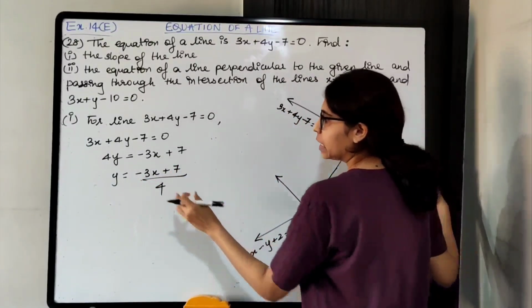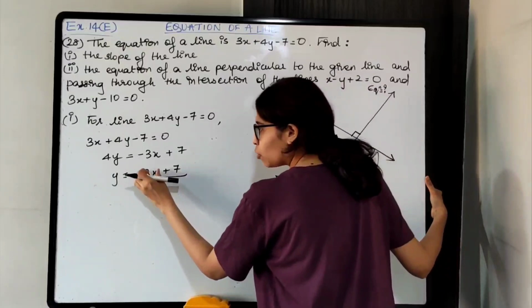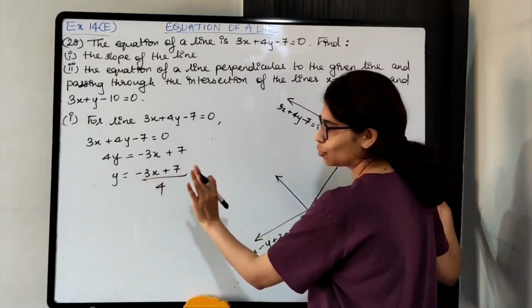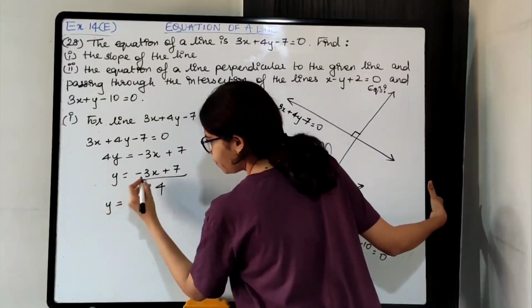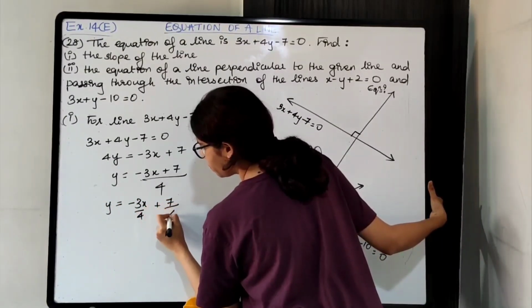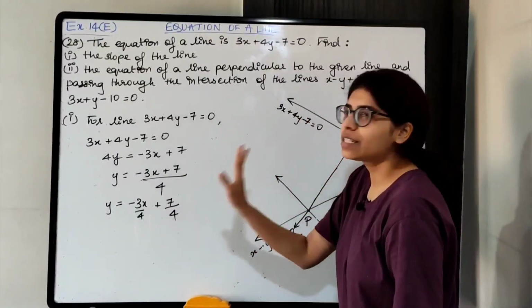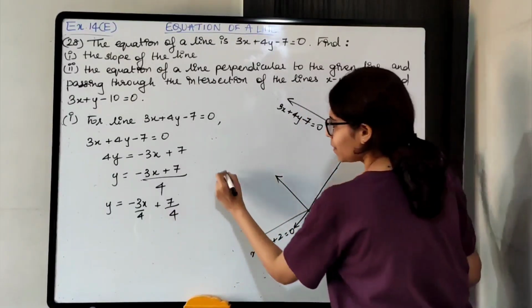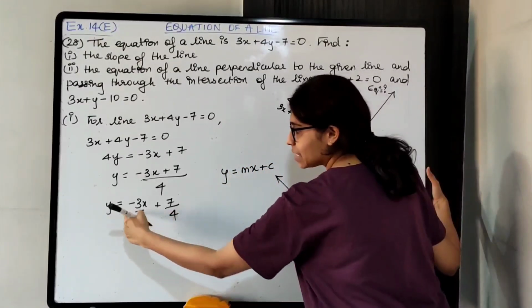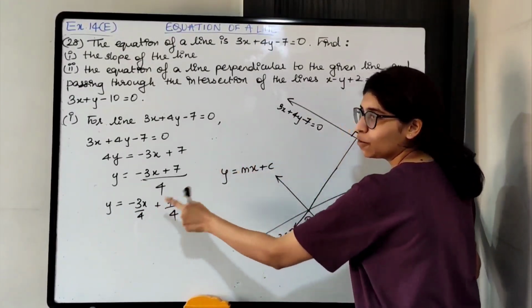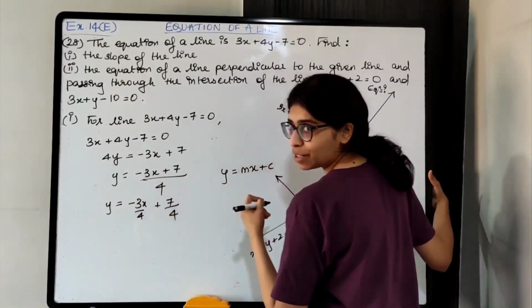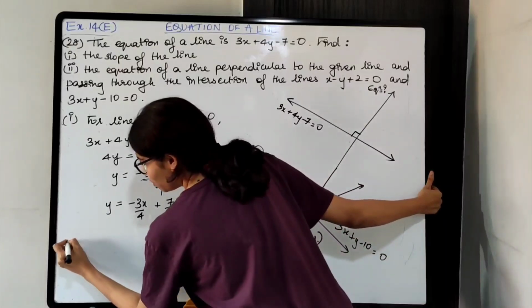Okay, separate 4, it is denominator of 3x also and 7 also, that is -3x/4 also and 7/4 also, so separate कर दो. Okay, now it is in standard form. Standard form है y = mx + c, it is in that form. So comparing, what is the value of m, that is slope. Slope is -3/4.